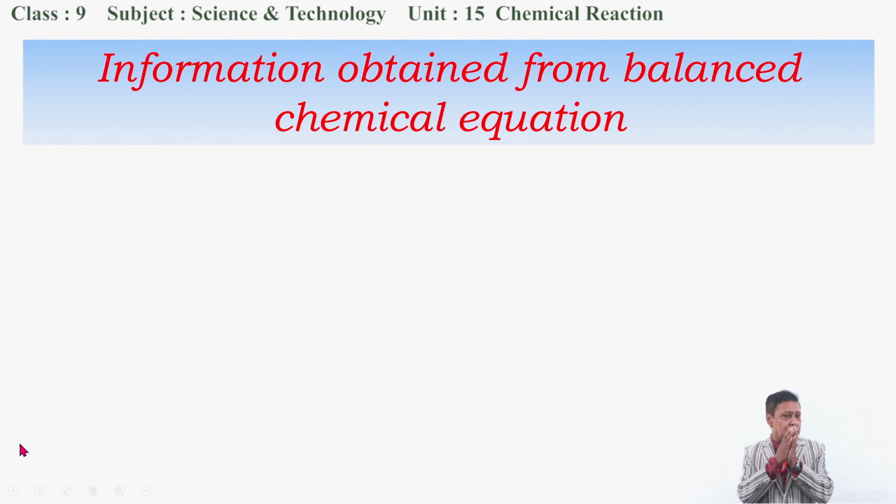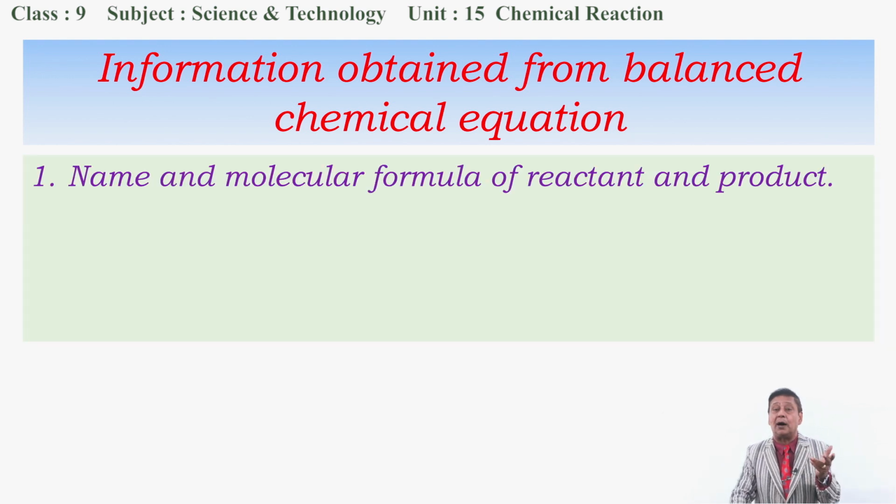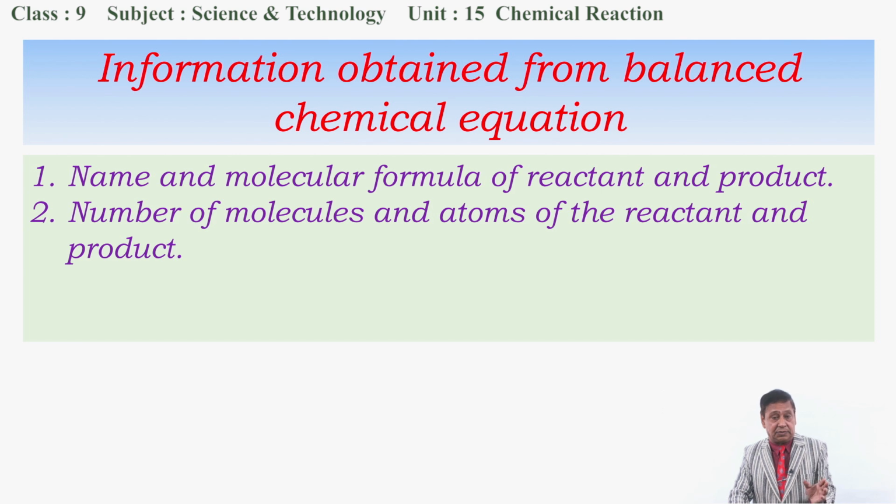Now lastly, I want to tell you about the information obtained from the chemical equation. Looking at the chemical equation, what information will we get? Number 1, the name and molecular formula of the reactants on the left hand side and products on the right hand side. Second, the number of molecules or atoms. The number of molecules can be understood by looking at the number in front of that molecule.